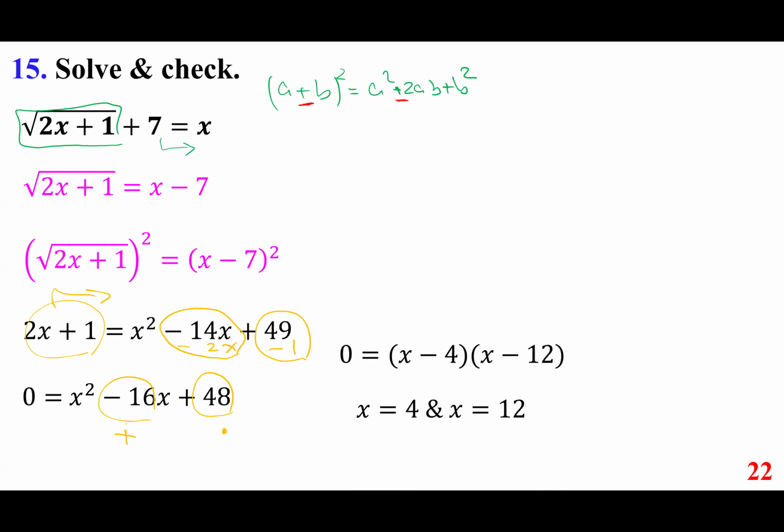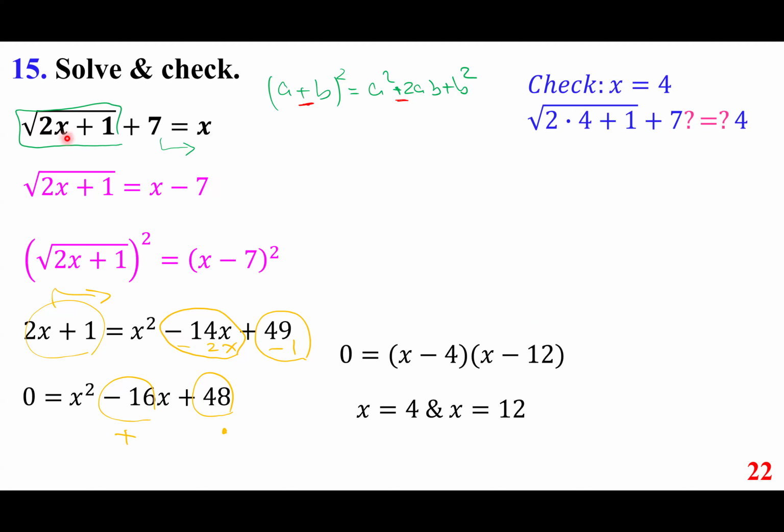There are two answers, but we have to check, because as we go through the process and square here, we may introduce a solution that doesn't work with the original equation. So we are going to look at the original equation, plug in 4, plug in 12, and see what happens. So we go with 4.